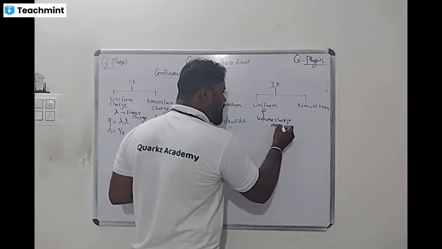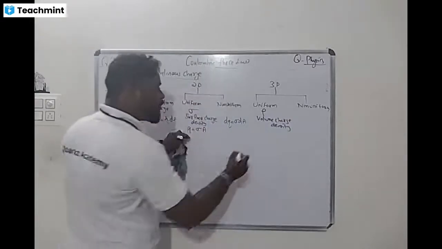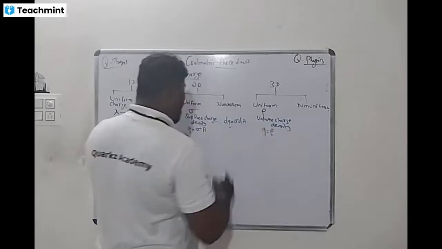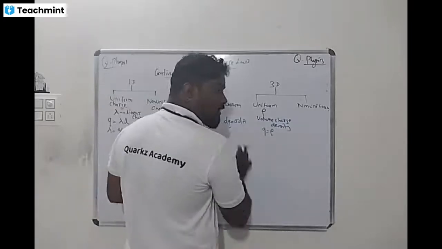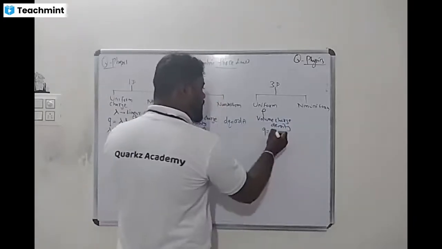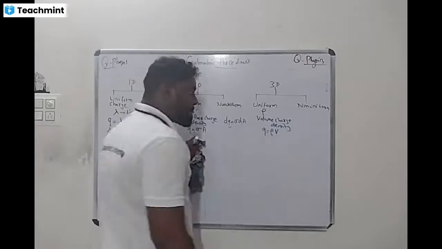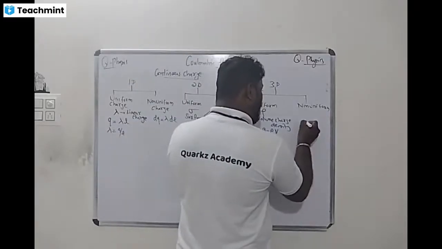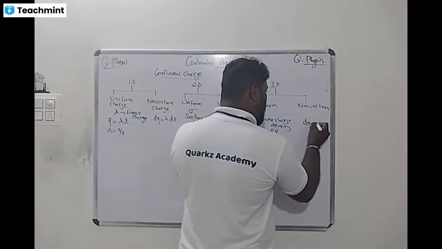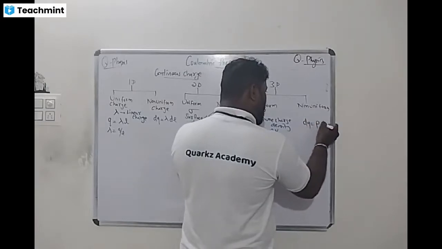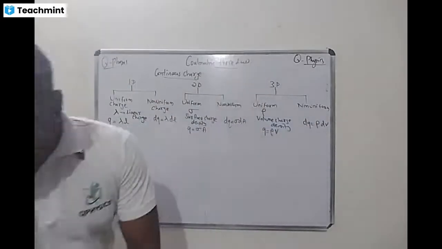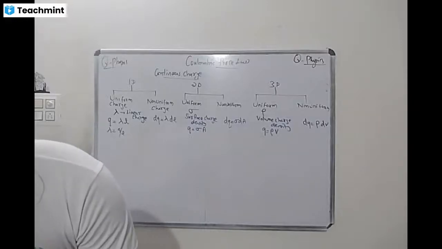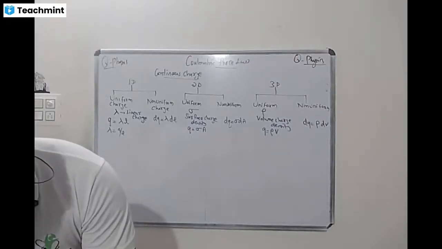So how do we define it? For uniform, Q is equal to rho V. For non-uniform, dq is equal to rho dv. Rho dv. Is it clear, everyone? Understood, right?